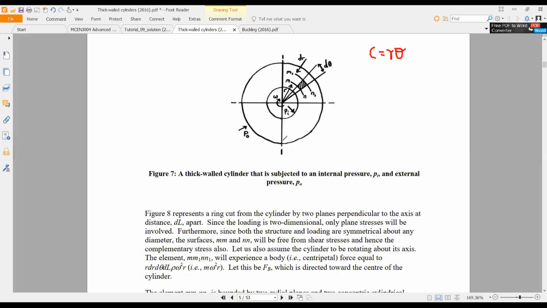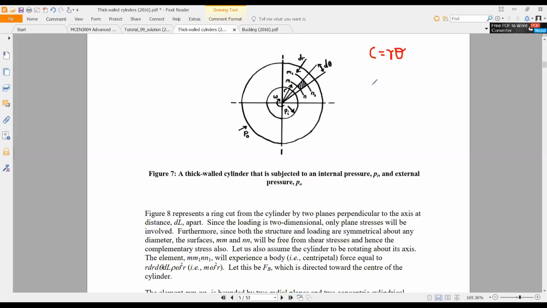If it is an equilibrium segment, I mean small element, we can use the force equilibrium, force balancing equations. And if the segment is rotating, there is a centrifugal force.